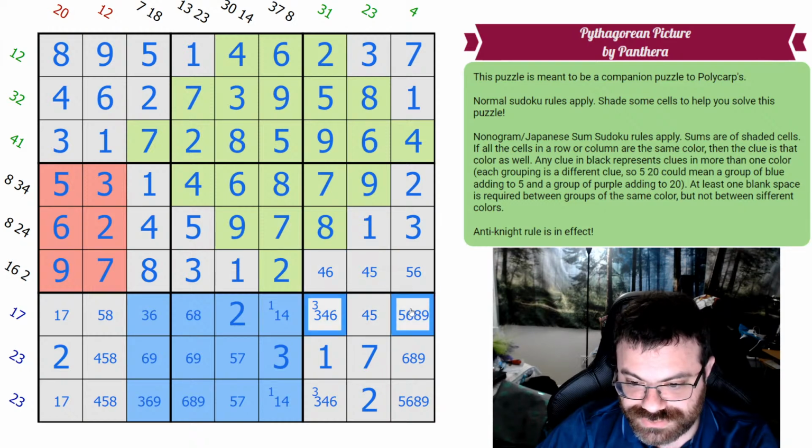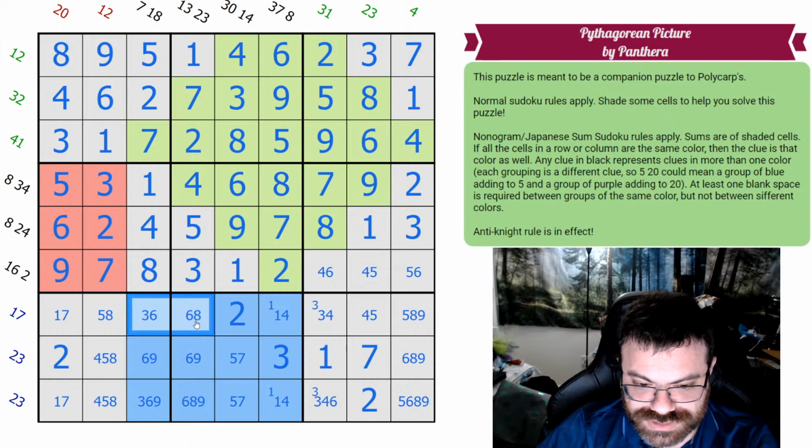Six is limited to these two, so these can't be 6. That limits 6 on this row to these two, so these can't be 6. I'm sure there's more like that.